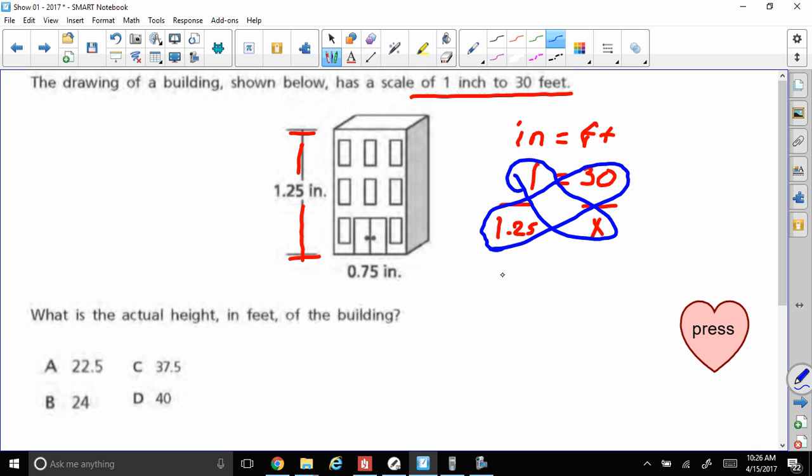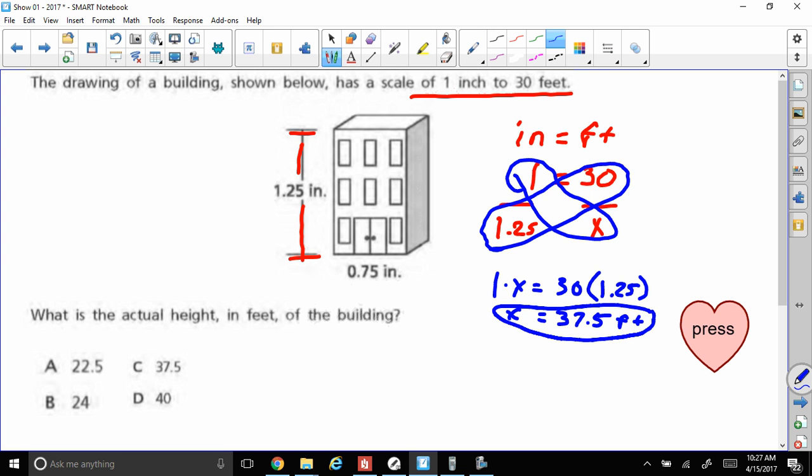So I'll have 1 times x equals 30 times 1.25. 1 times x is x. 30 times 1.25 is 37.5, and that's feet. So that will be our answer, which is choice C.